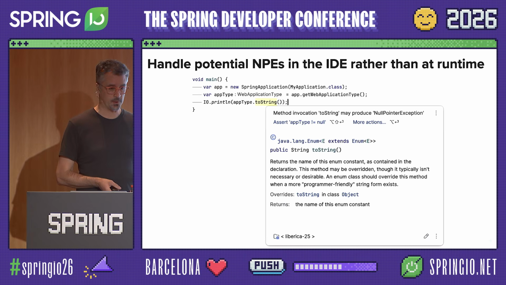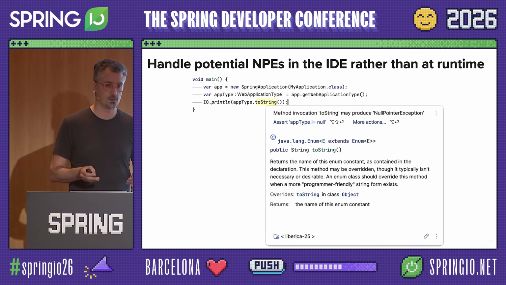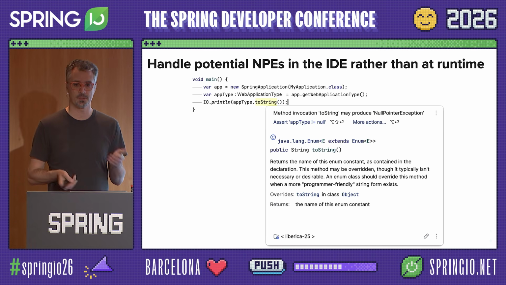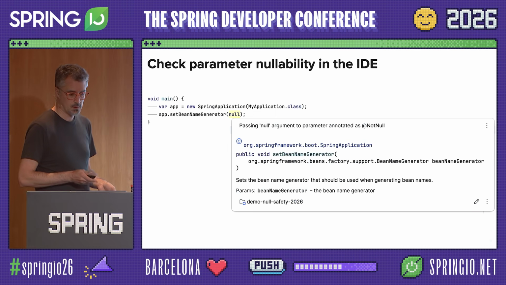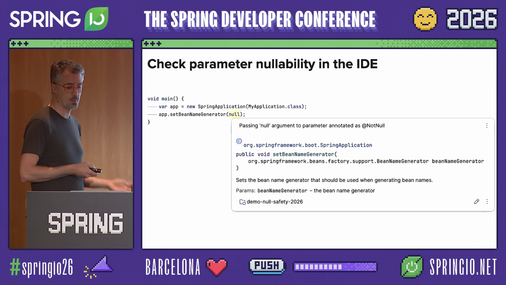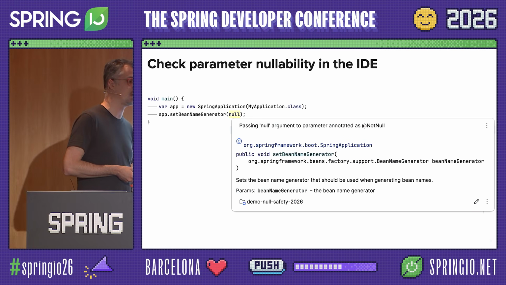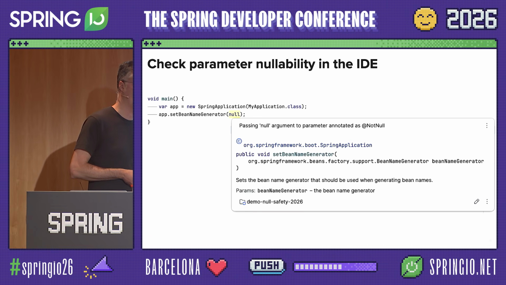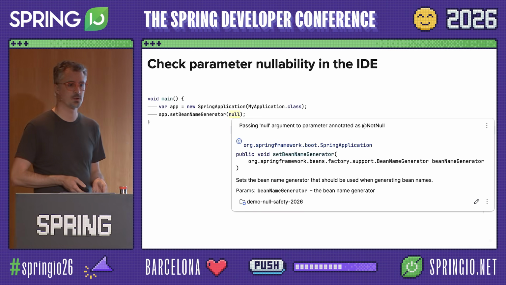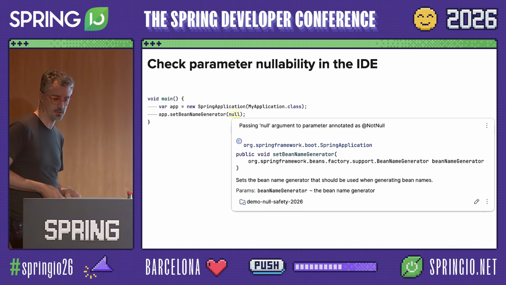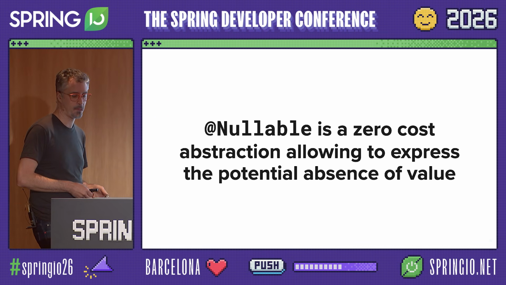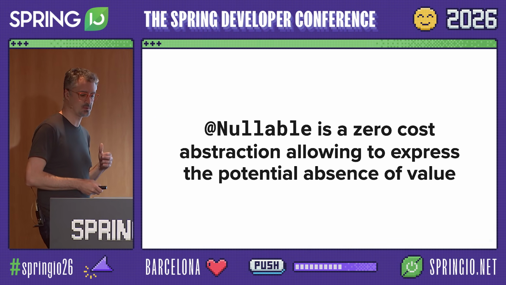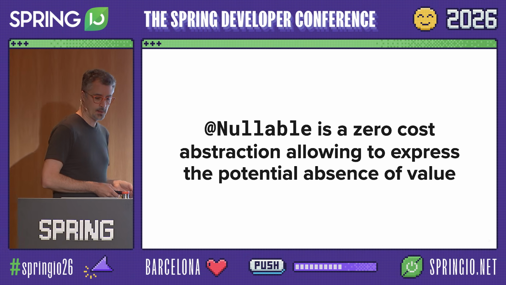You will get this kind of warning with autofix, so you get that information even before running your Maven or Gradle build. Same if you try to pass a null parameter to something that is not annotated with @Nullable, the IDE will tell you, hey, it looks like you are doing something not really authorized, and you get the information ahead of time.